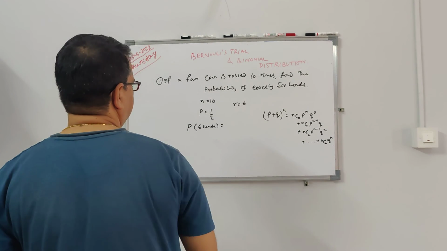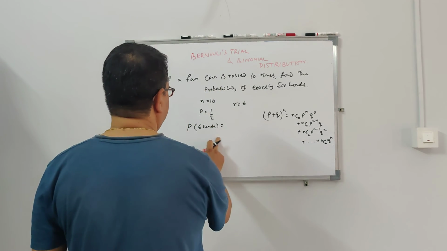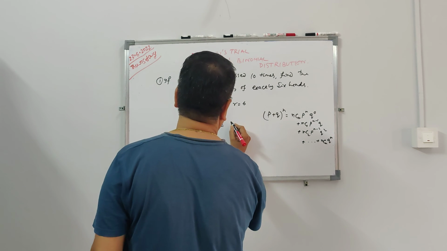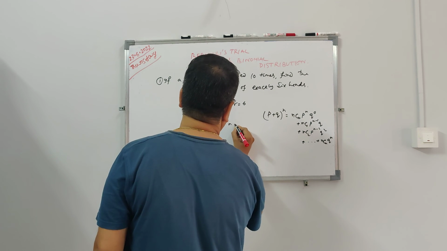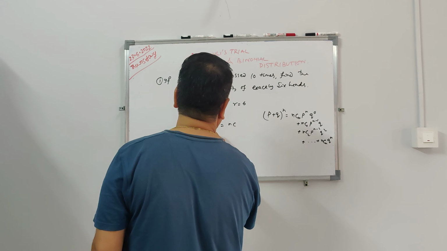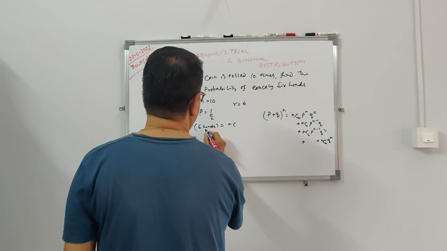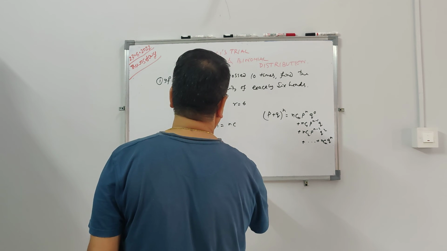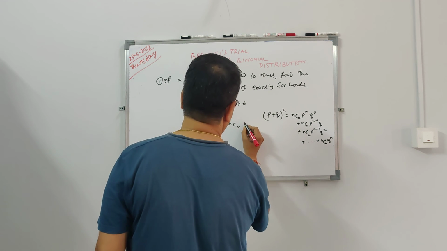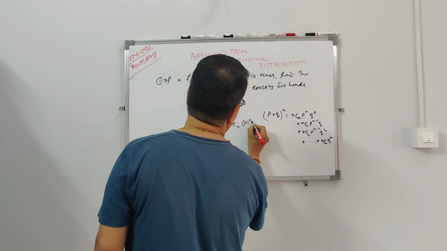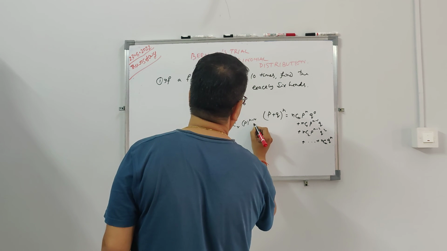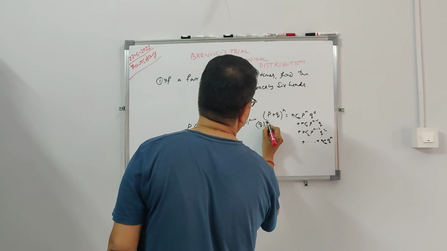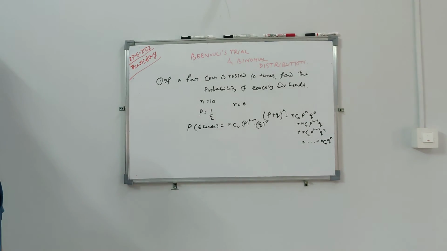So the probability of 6 heads is NCR P to the power n minus R into Q to the power R. So the total power is equal to n, okay.